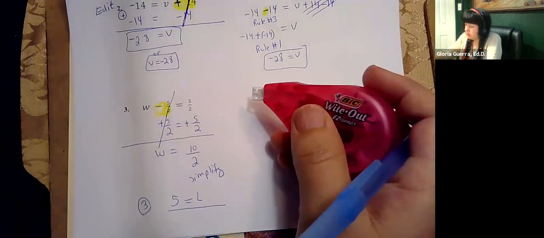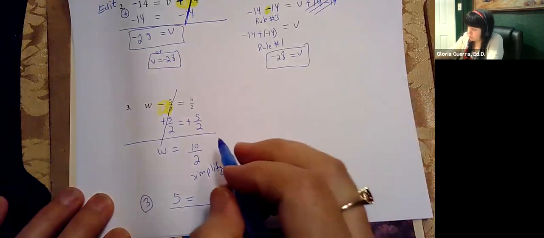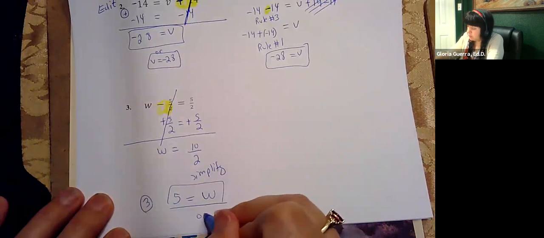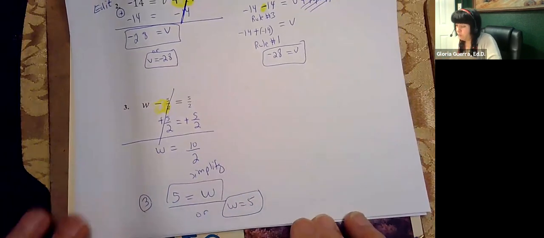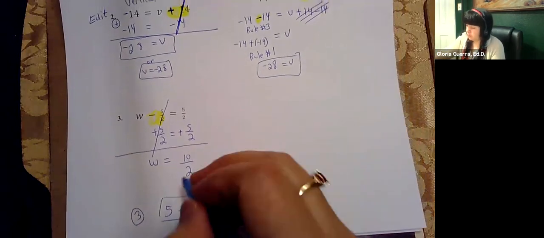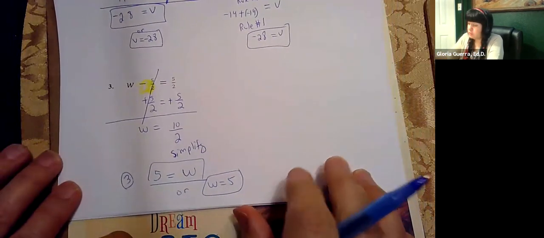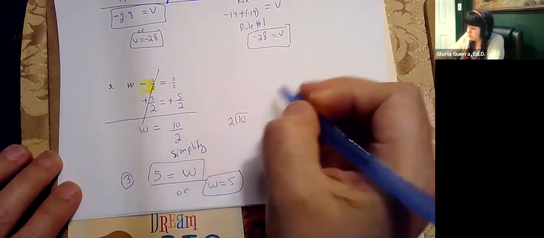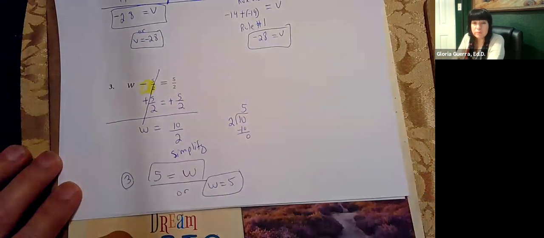So I have 5 equals W. Or you could say W equals 5. So you're simplifying 10 over 2. 10 divided by 2 is 5 with 0 remainder.